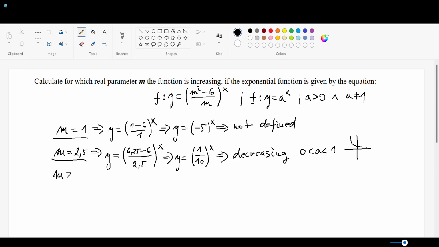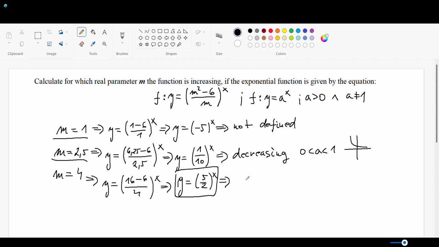The last parameter I want to show you is if m would be number 4. Then the equation would be (16 take away 6 over 4) to the power of x, which would lead to the equation y equals (5 over 2) to the power of x, and the function given by this equation would be increasing, because the exponential function is increasing if parameter a in our general definition is greater than 1.